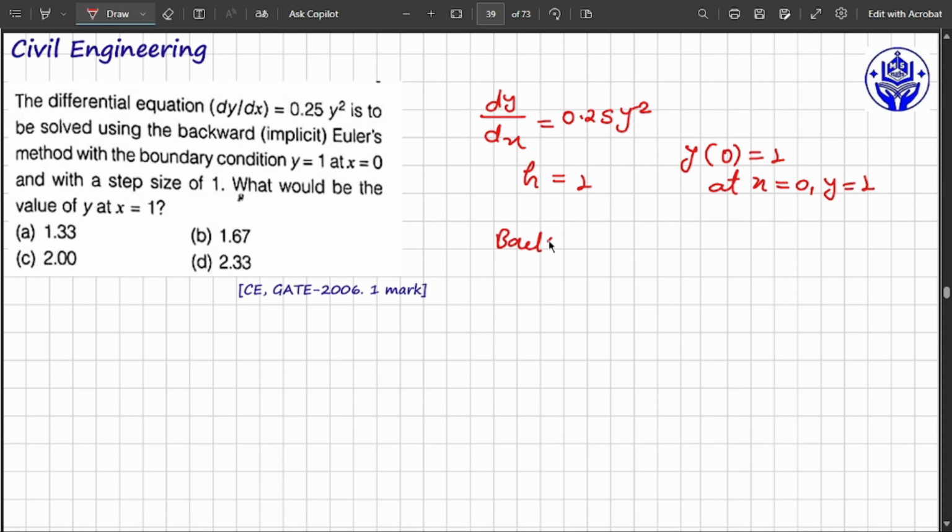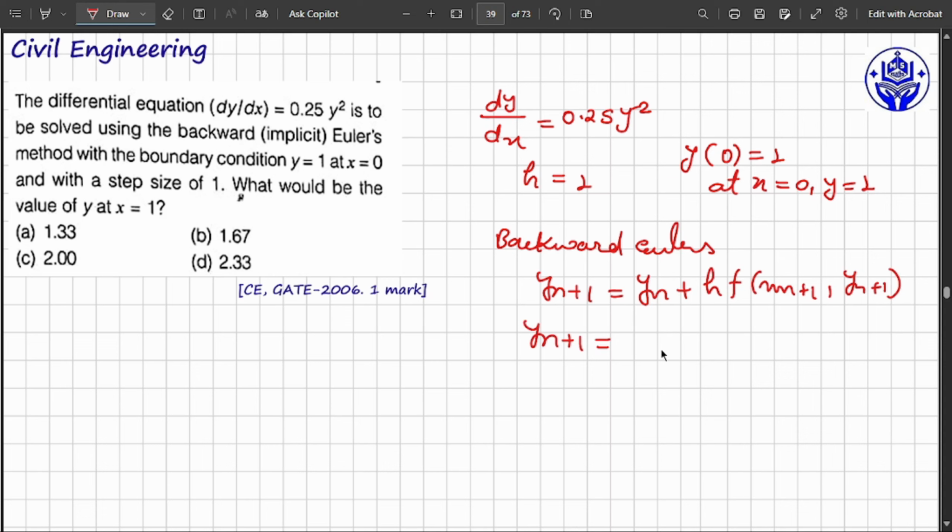The iterative equation by backward Euler is: yn plus 1 is equal to yn plus h f of xn plus 1 comma yn plus 1. In this case, yn plus 1 is equal to yn plus h into the function 0.25 yn plus 1 whole square, with h equal to 1. Since yn plus 1 appears on the right side, it is Euler implicit.